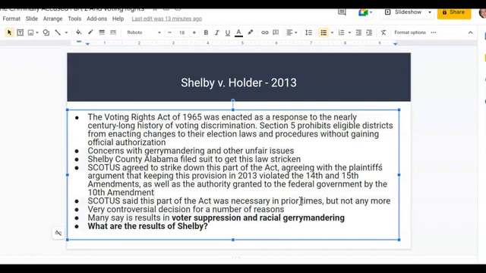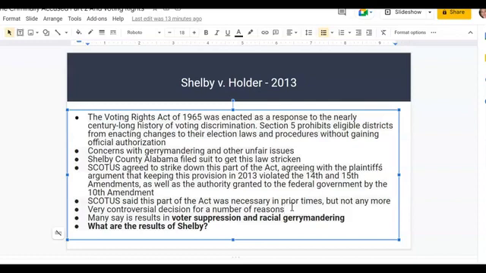So critics of this decision would say the language that says, oh, we don't need to worry about this stuff in 2013 and after, all this racism stuff has gone away. A lot of people would be critics of that. And a lot of people would say it results in voter suppression.